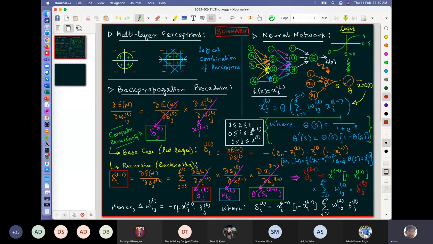Since our base case is done, now I need to compute the del value at the ith node of layer L minus 1. So I will try to form a recursive formulation, as per our definition of del, at the ith node of the L minus 1 layer.